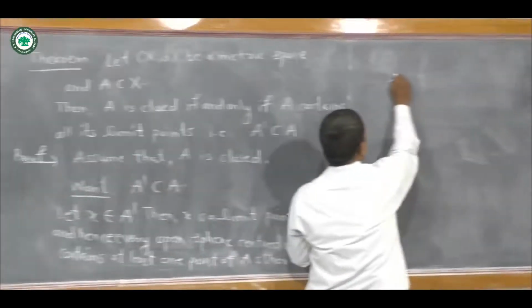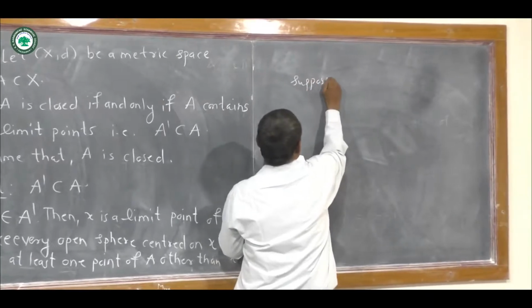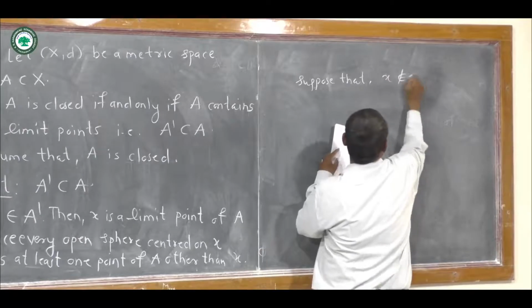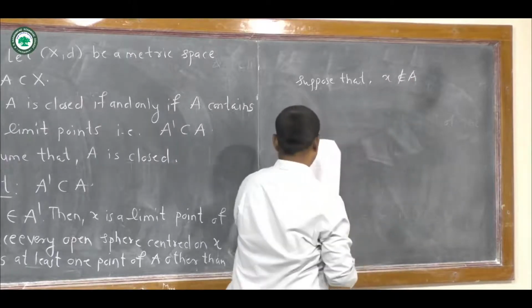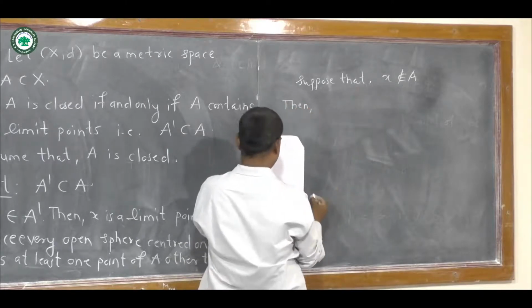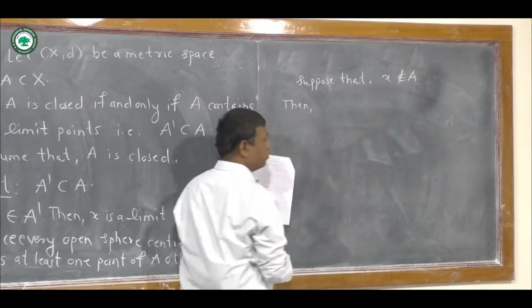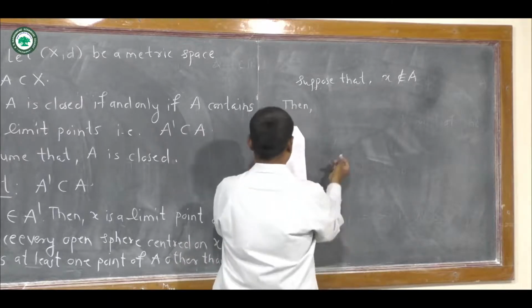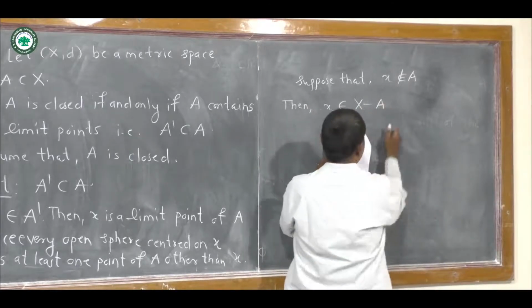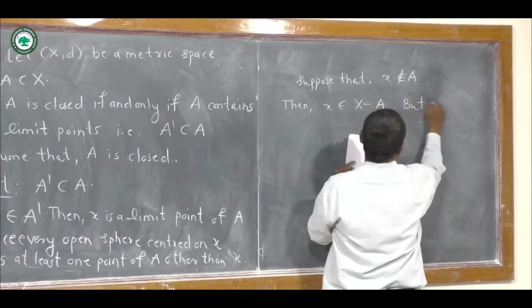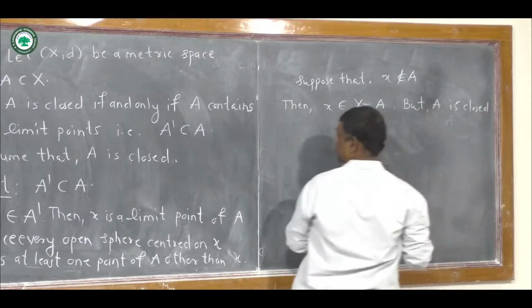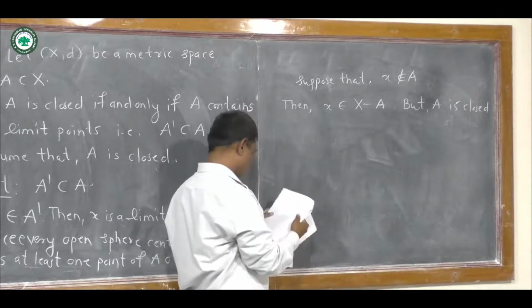Now suppose that x does not belong to A. Since x is not a member of A, x must be a member of the complement of A. But by our assumption, set A is closed.